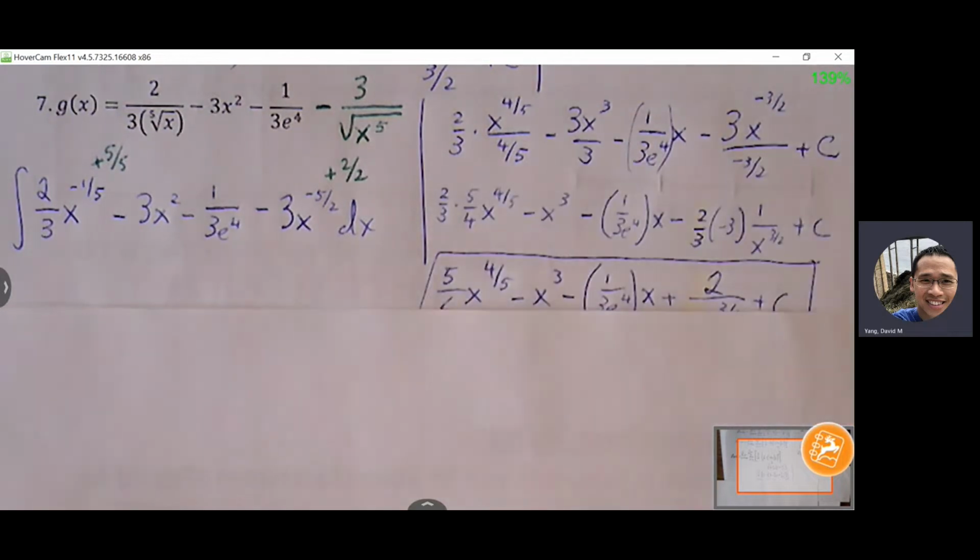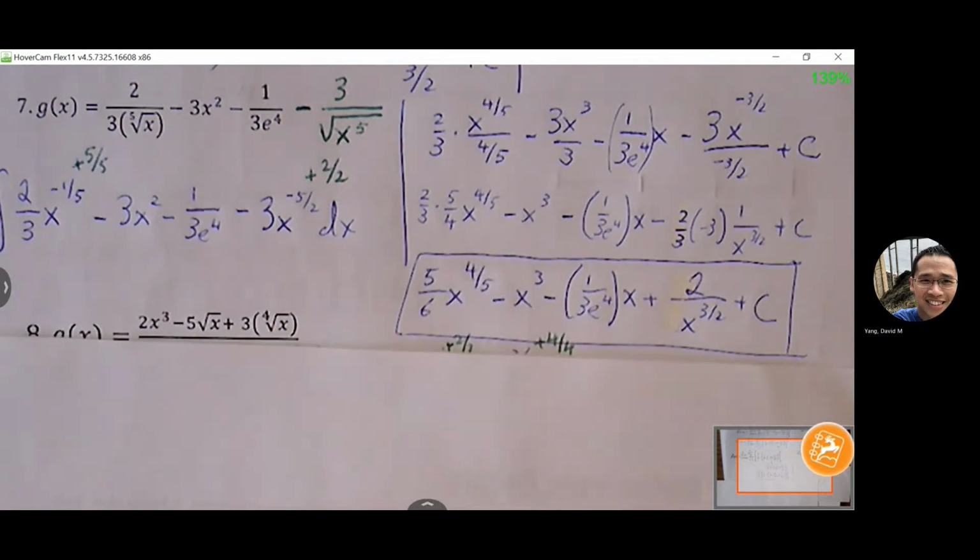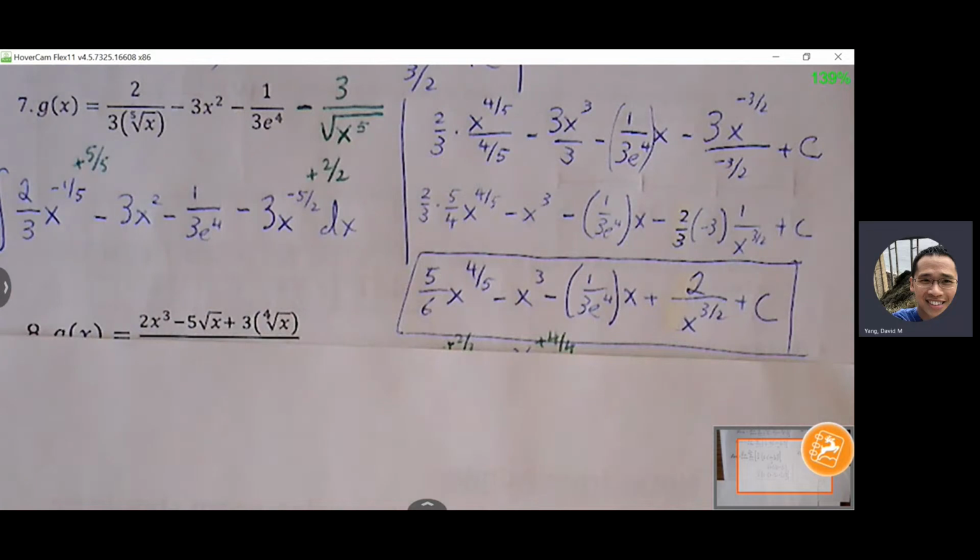Okay, so here's my cleaned up version. Well, the 5/6 came from the fact that I reduced 10/12 to 5/6, or you can just cancel the 2 and 4 out and make it 1/3 times 5/2, which is 5/6.